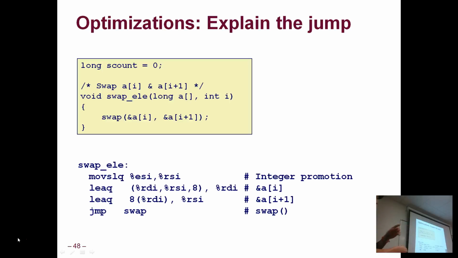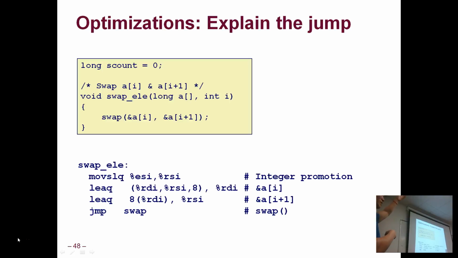That's the key. Because you're not consuming the return value of swap, you can do this. And because swap is the exact last thing that executes in this function, you say, I don't need to return to swap element anymore. As soon as I go into swap, have swap return directly to the caller. I skip a node in the graph, basically.